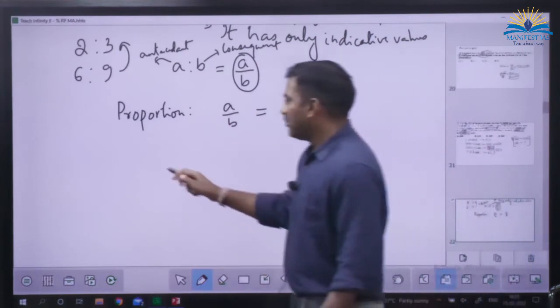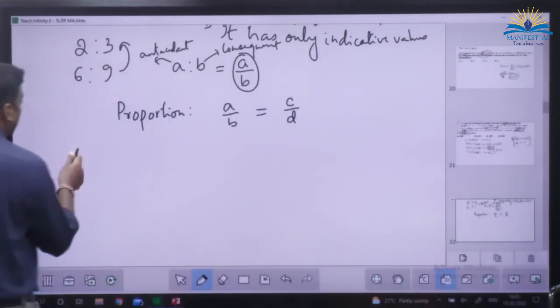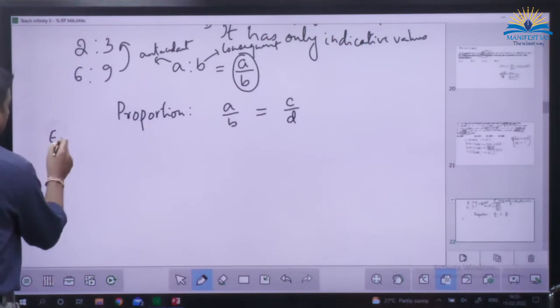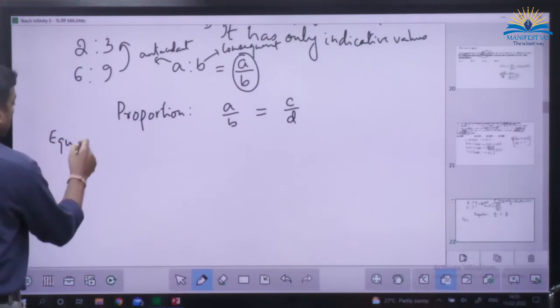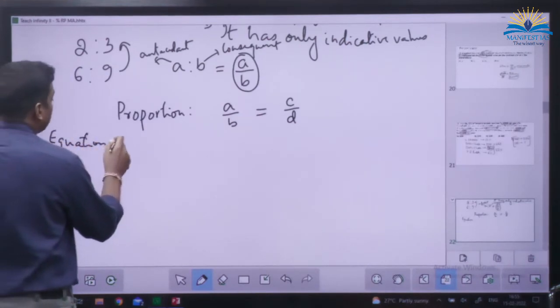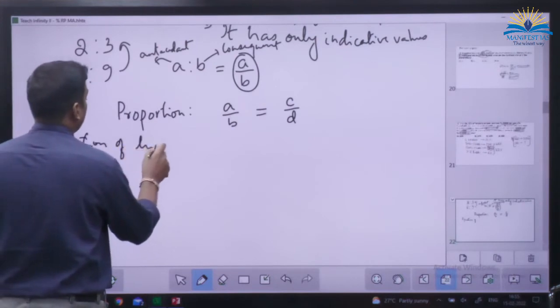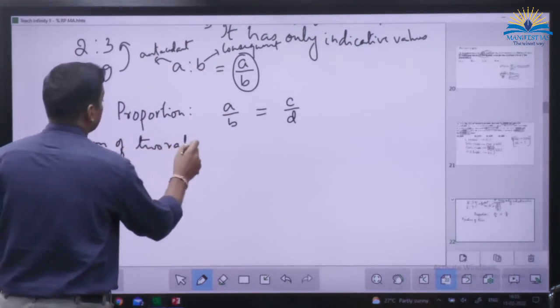So this is nothing but the equation of two ratios.